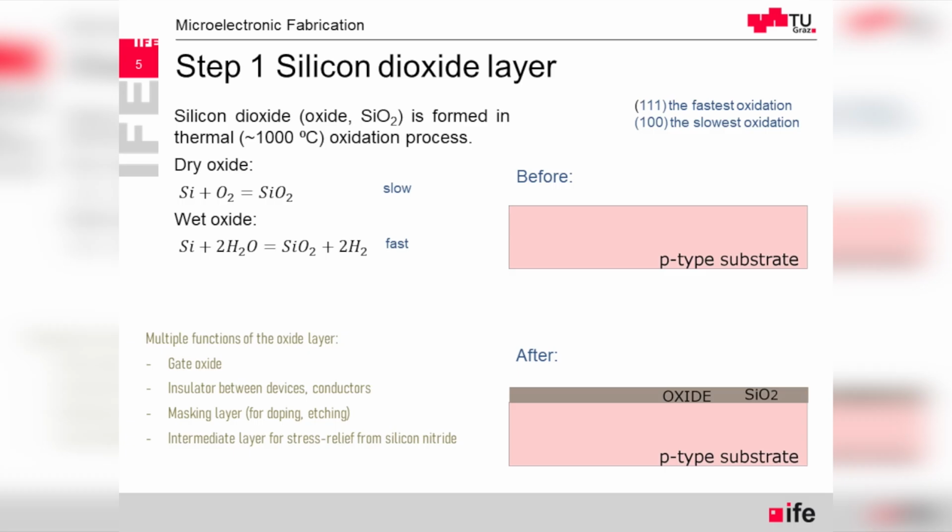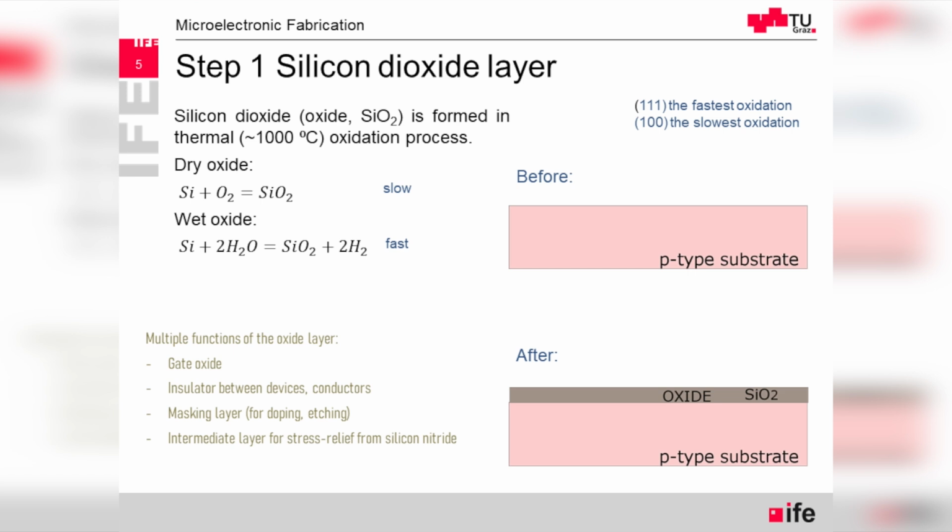We have different functions of the oxide layers. It can be used, first of all, as the gate oxide, which is the very benefit of using silicon-based technologies, that we have this silicon dioxide almost for free if we expose silicon to our ambient environment, where we get oxygen.